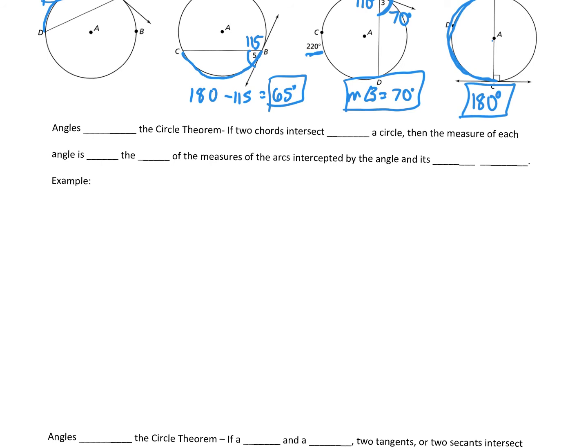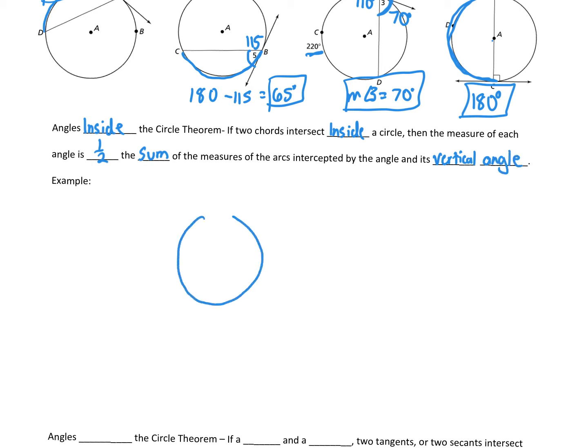Next, our theorem, the angles inside the circle. If two chords intersect inside a circle, then the measure of each angle is half the sum of the arcs intercepted by it and its vertical angle. Let me draw you what that means.